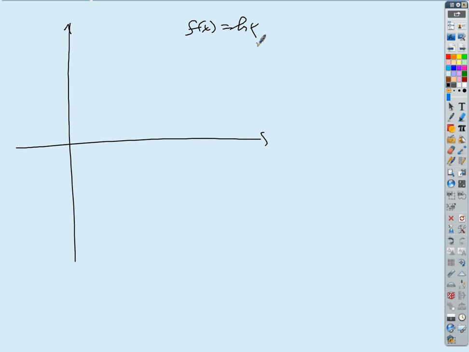Okay, good, so it's asymptotic on the negative y-axis, right? And then it crosses the x-axis where? 1, 0. And then it just continues on forever. So what's the domain? 0 to infinity, right? So the argument of a log function, whatever you're feeding a log function, has to be a positive number. Agreed? Okay?